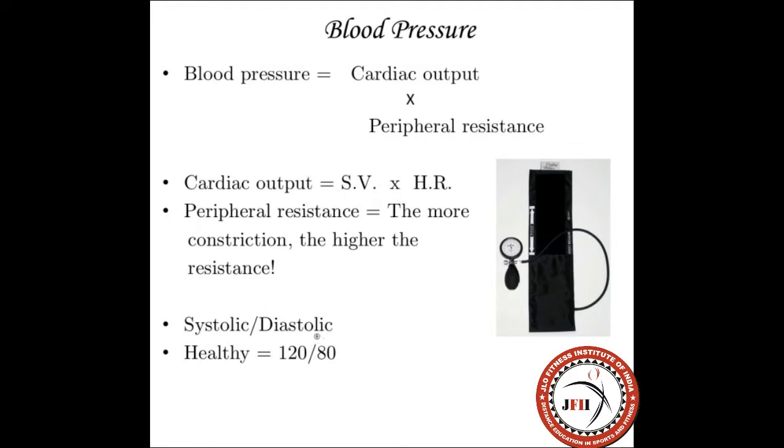Diastolic is the opposite end. That's the lowest number that relates to the relaxation of the ventricles. Healthy, or sort of the common blood pressure you hear about, is 120/80. That's the systolic number over the diastolic number. So this is the range of pressure in whatever artery you're measuring, and usually has to do with an artery like the brachial artery.